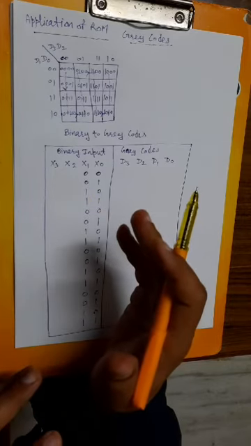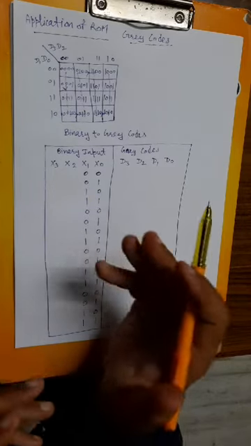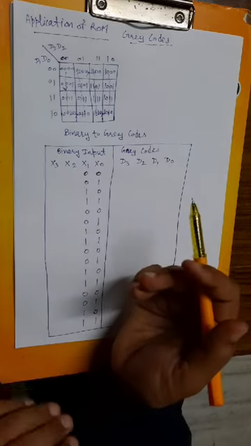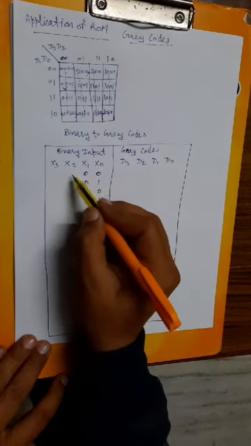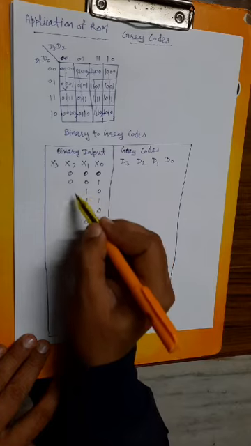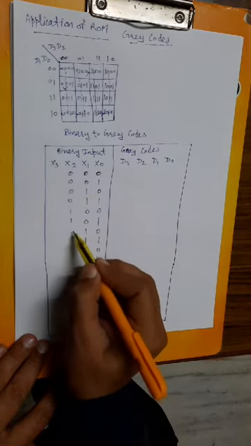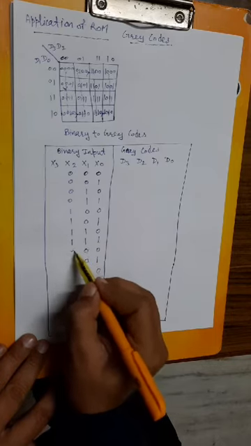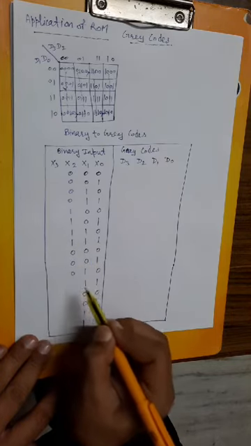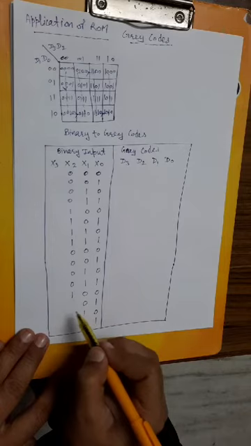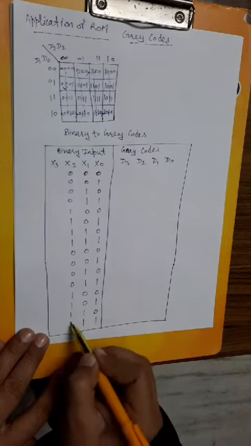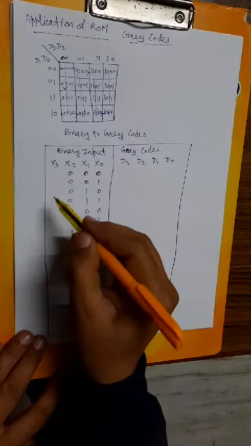This strategy follows from the binary weights of the codes of binary input. Then 8 times 0, 8 times 1.